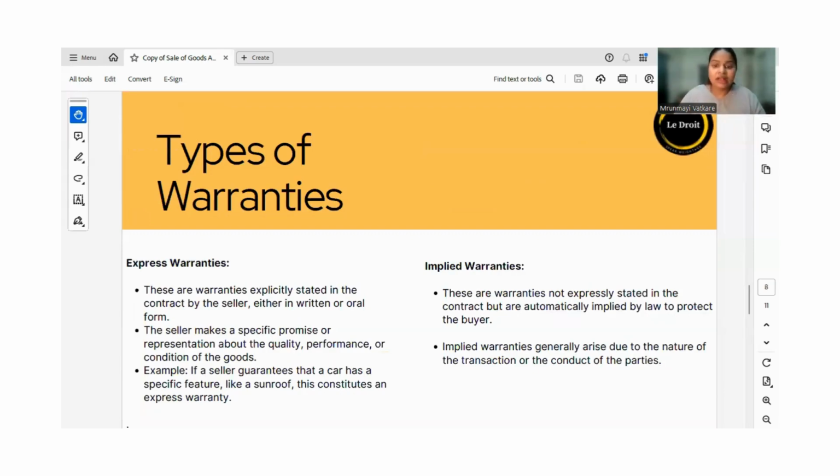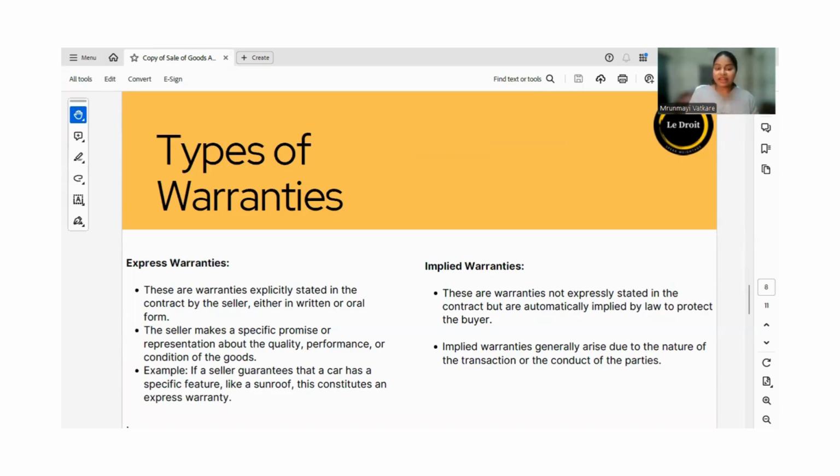Types of warranties. There are two types of warranties: express warranties and implied warranties. Express warranties are warranties explicitly stated in the contract by the seller, either in written or oral form. The seller makes a specific promise or representation about the quality, performance, or condition of goods.